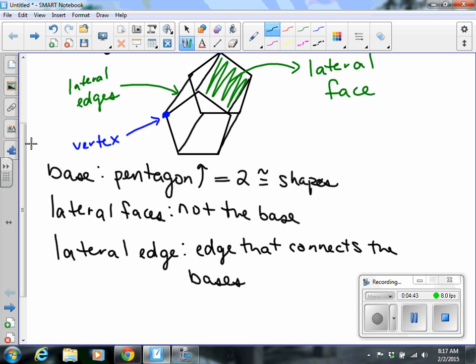There are other special cases. We have a right prism and an oblique prism. Basically, the only difference is that an oblique one is leaning. It's like the Leaning Tower of Pisa. It's slanted.